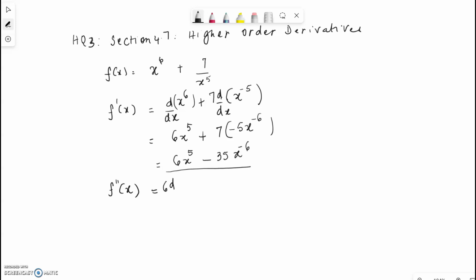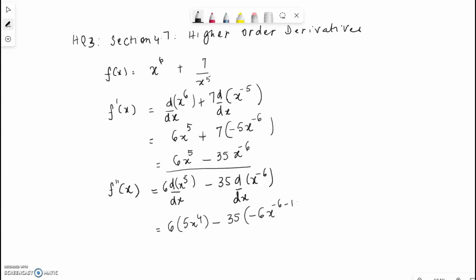So it is 6 d by dx of x to the 5th minus 35 d by dx of x to the negative 6. So this is equal to 6 times 5x to the 4th minus 35 times negative 6x to the negative 6 minus 1.